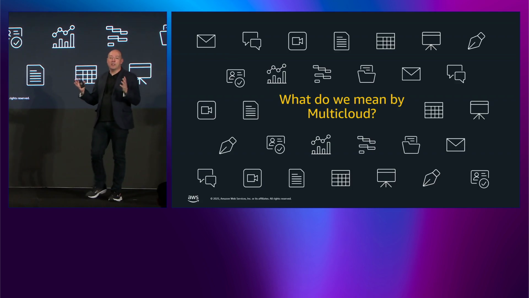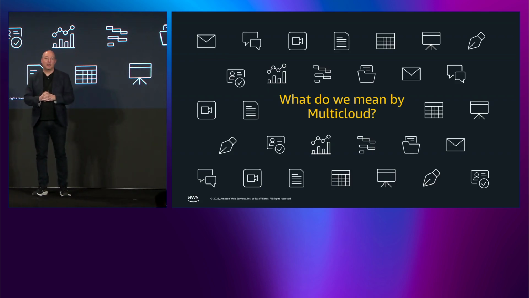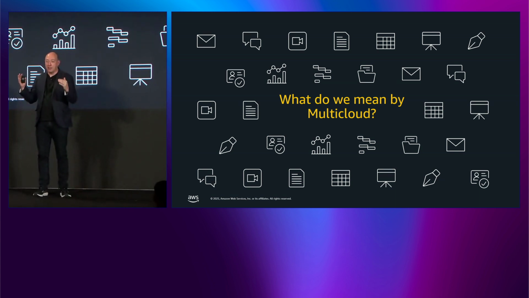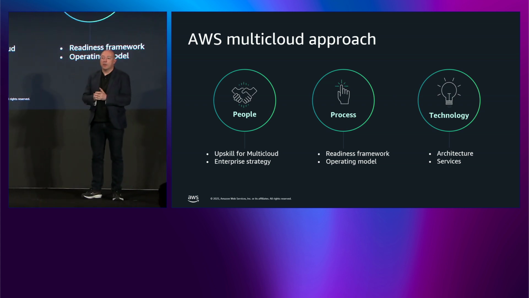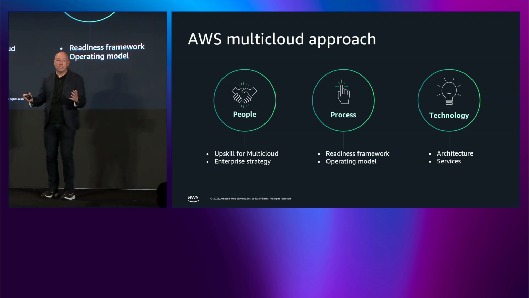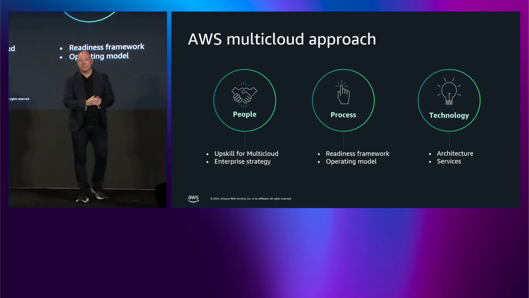Great, so what do we mean by multi-cloud? It's pretty simple. It means using one or more clouds to achieve some sort of purpose and deploy services. We're really going to be talking about the developer experience of that today. So what are some of the challenges with running in multi-cloud, right? You may have had to run in multi-cloud for a number of reasons. Maybe there's some functions or services that you want to use from different cloud providers.